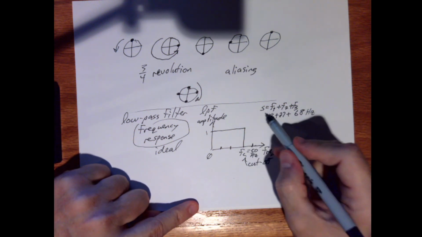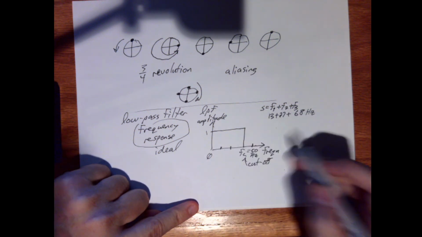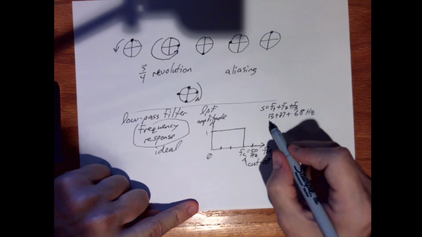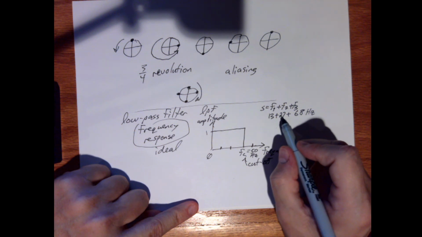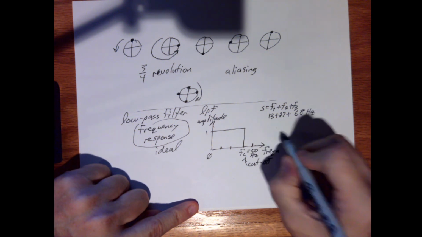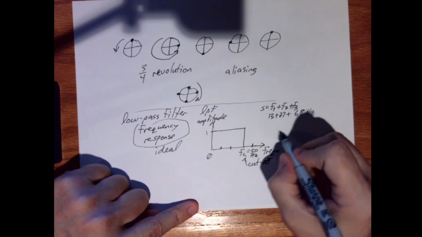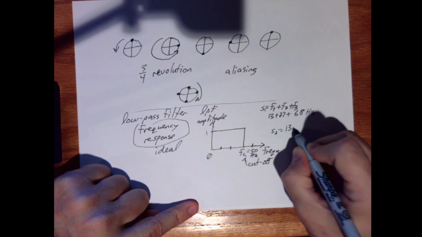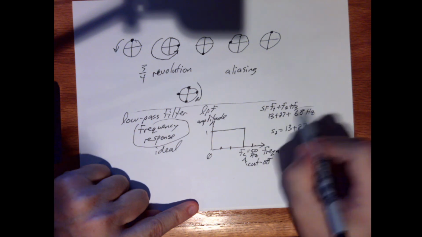So if we have what passes through the system, we end up multiplying 13 by 1, so we get all of 13 again. 1 times 27, we get all 27 again, but 68 is multiplied by 0, so that means what comes out of my filter, we'll call this S sub 1, then S sub 2, the output, will be a 13 hertz signal plus a 27 hertz signal, and we get rid of this.